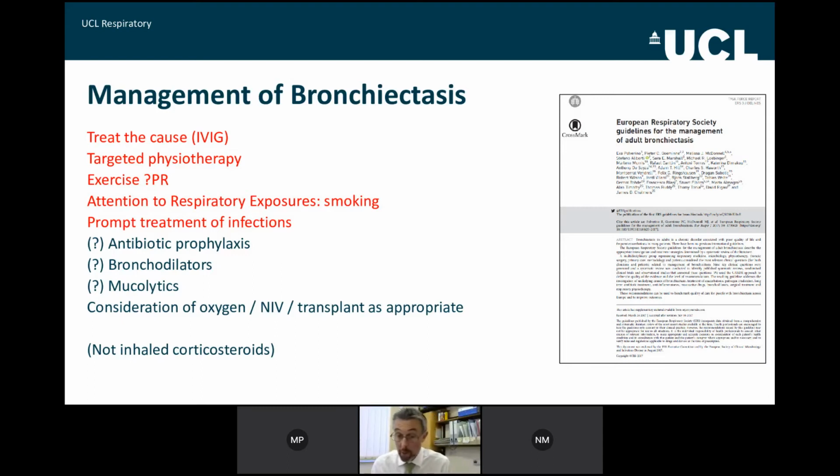And of course, in primary antibody deficiency, that means effective antibody replacement. For most people with bronchiectasis, we never find a specific cause. It's labeled idiopathic, so that becomes a bit more difficult. In fact, primary antibody deficiency is probably the best example of a cause of bronchiectasis where there is a treatment which changes the course.